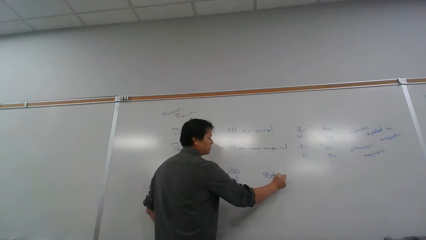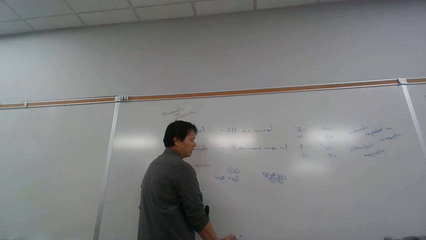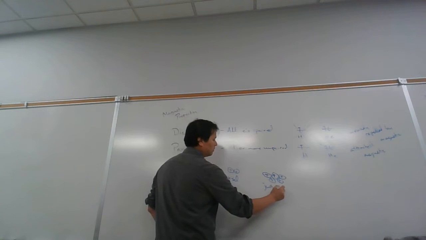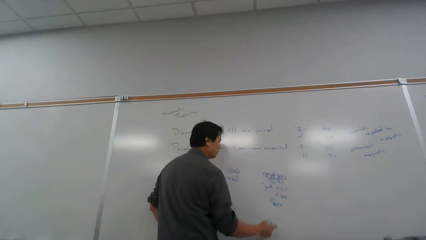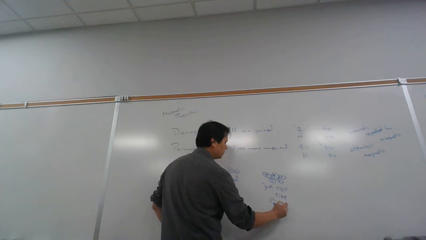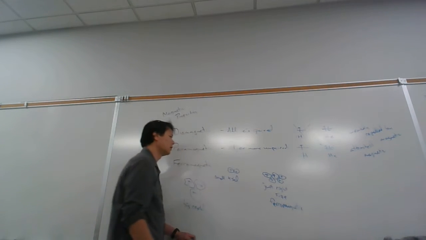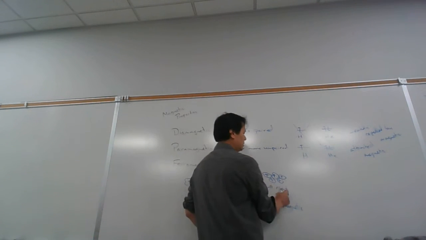If you get all the crystals with the magnetic moment, this little magnet bar here, all pointed in the right direction, then we could get ferromagnetic material. And this is called a permanent magnet. So iron could be magnetized like this.